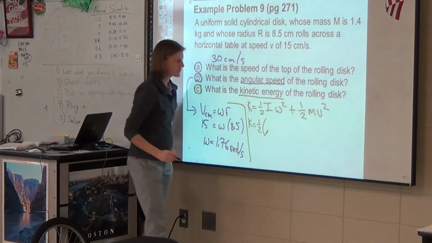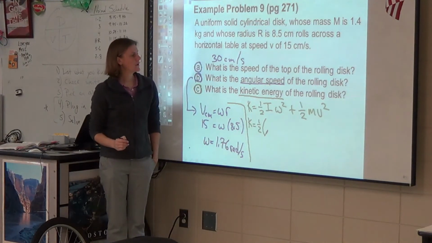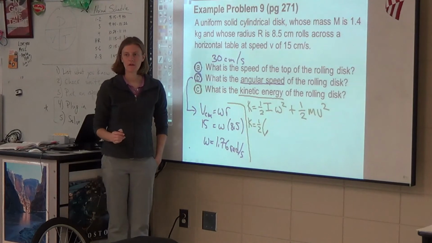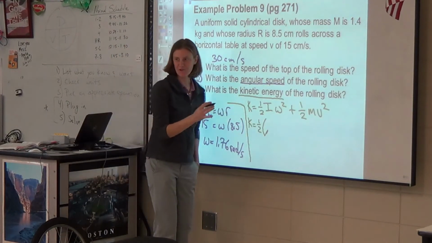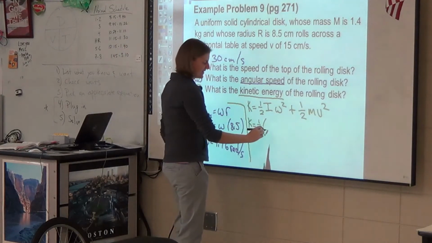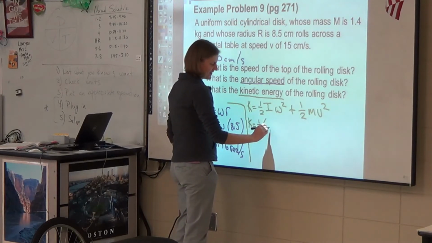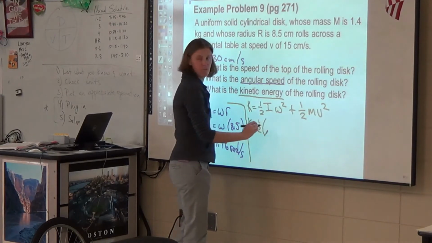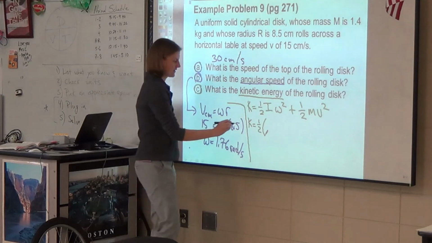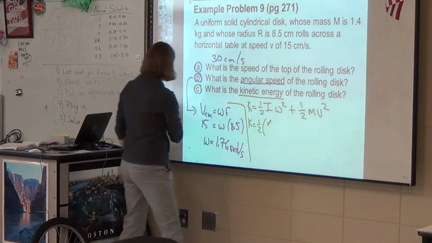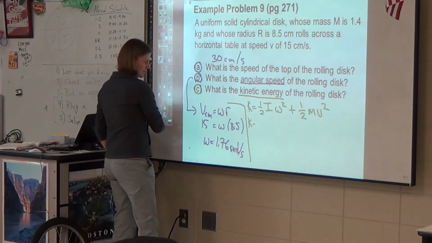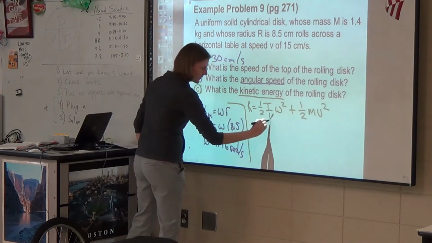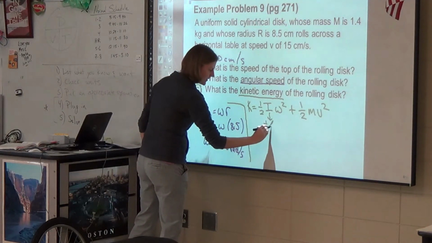And remember I for a cylinder? Usually there's mr squared. Is there a fraction this time or not? Central axis, yep. 1/2 mr squared. Good. So I is 1/2 mr squared.